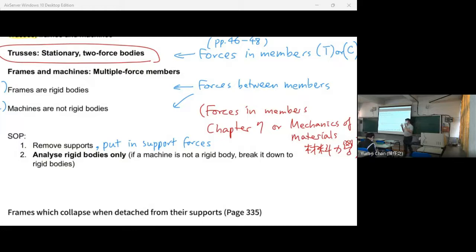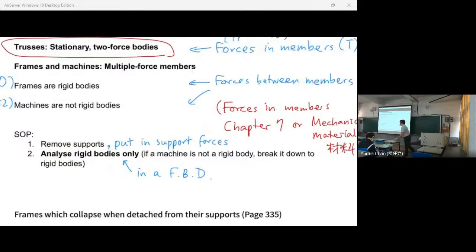In a free body diagram, remember that we put in a rigid body only.